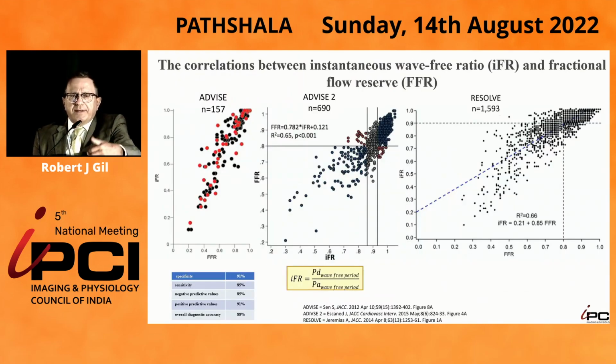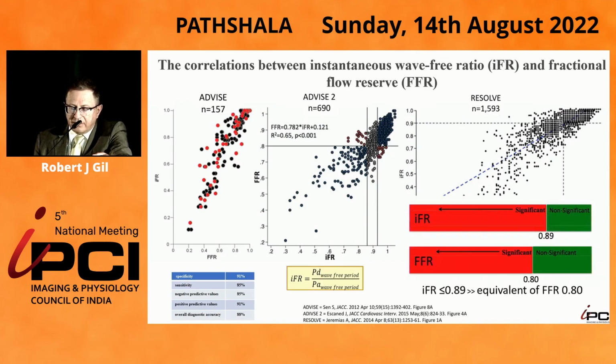However, today, due to a lot of papers published during the last 5-6 years, the data on iFR, this resting diastolic distal to proximal parameter, is very attractive. So you have here that the correlation with FFR is really very high.